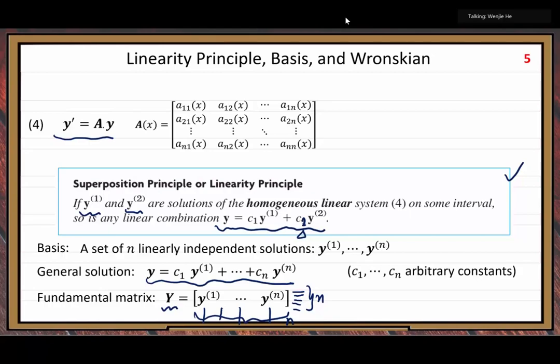The question is: is the fundamental matrix of a homogeneous linear system unique or not? Can you say something based on your understanding?